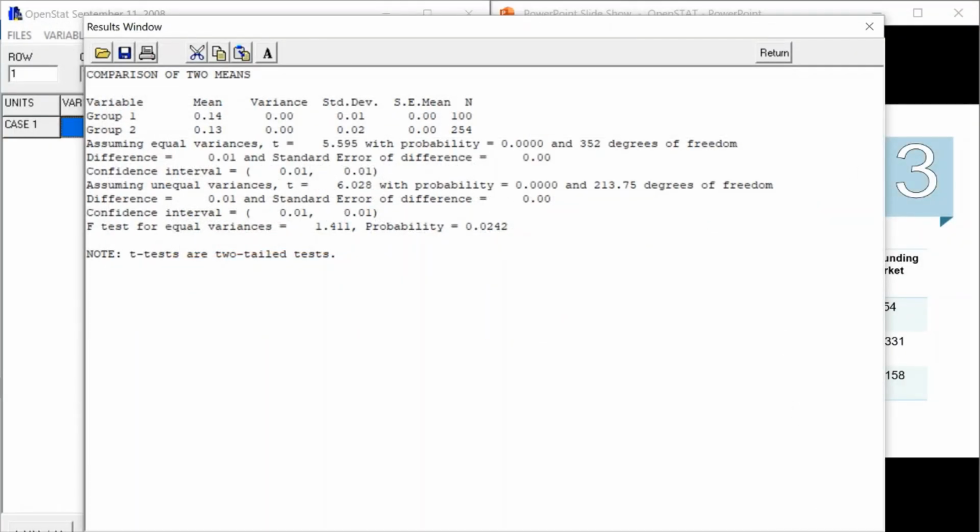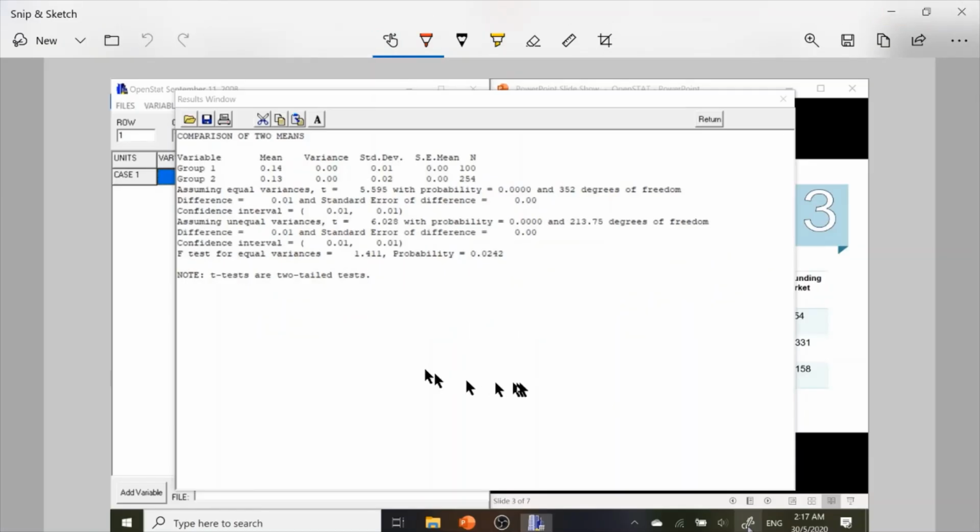Hence, we'll be using the unequal variance t statistic, which is 6.028 with a p-value of 0.000, which means very small.